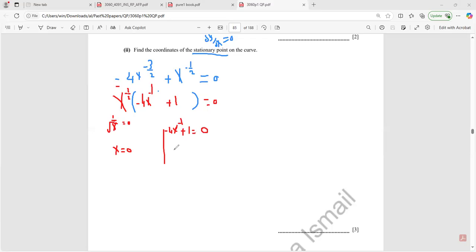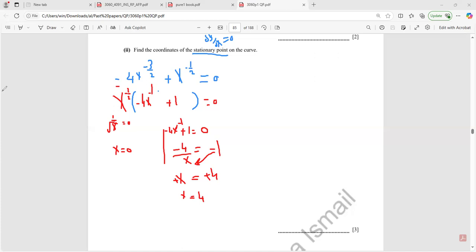Here we solve it: minus 4 over x equals negative 1, cross multiplication, negative x equals negative 4, so x equals 4.